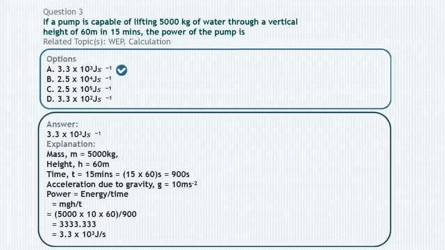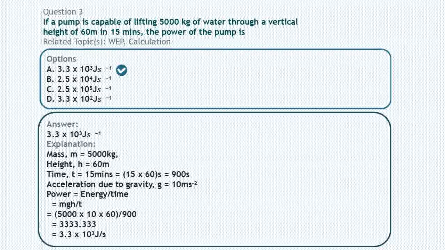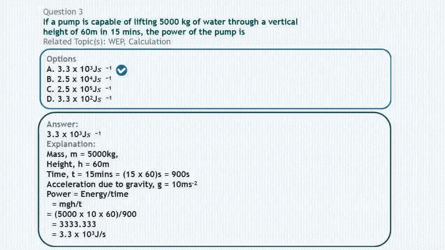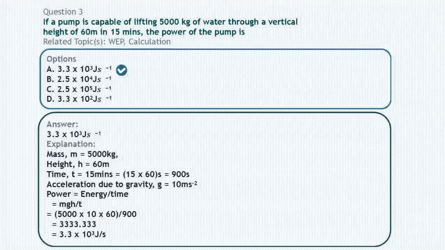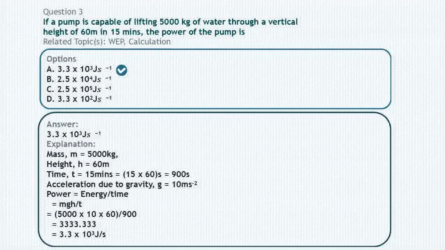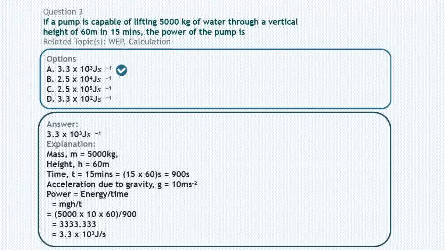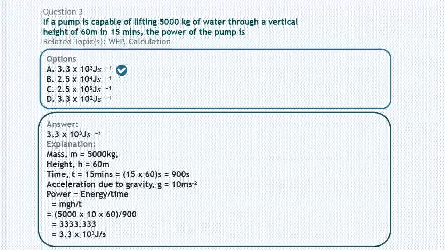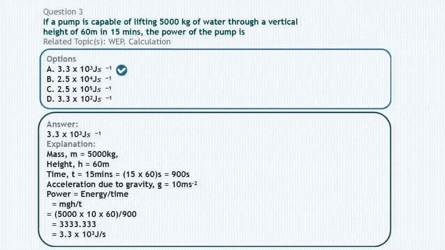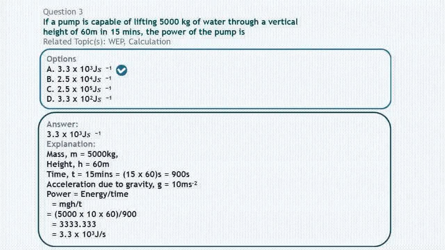Now we want to write this 3333 in standard form. Now this is like 3,000, right? So I can write this as 3.3 times 1,000. Since this is 3,000 something, I'll just put the point here. 3.3 times 1,000, and 1,000 is 10 raised to power 3, meaning 10 times 10 times 10.